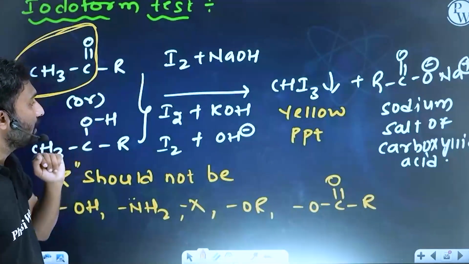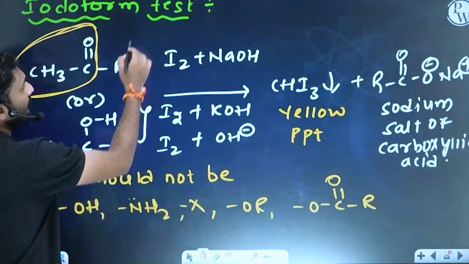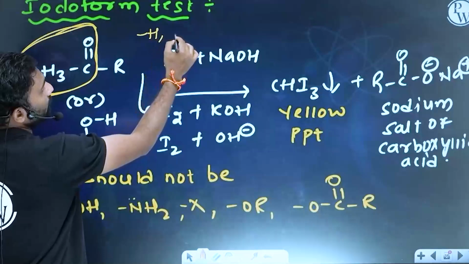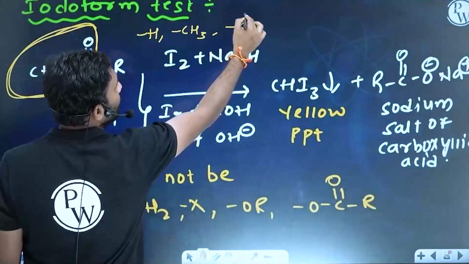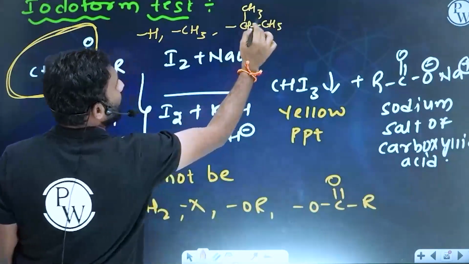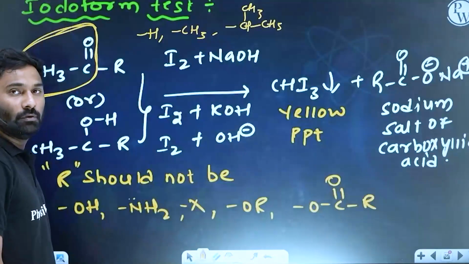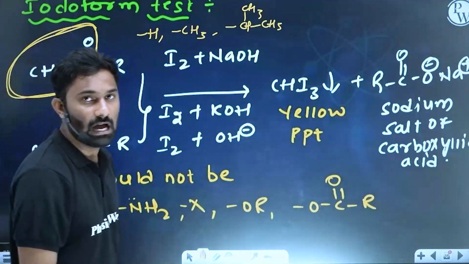Now, at R, if it is hydrogen, if it is CH3, if it is an isopropyl group or any alkyl group, if it is present, then it will give the iodoform test.